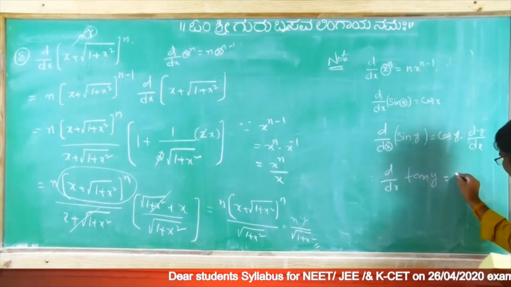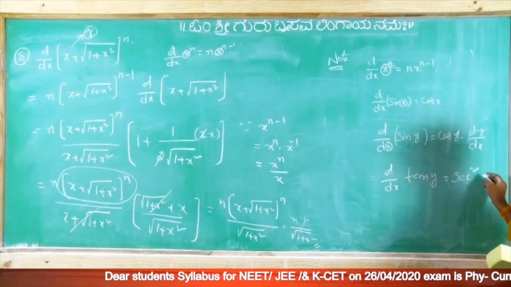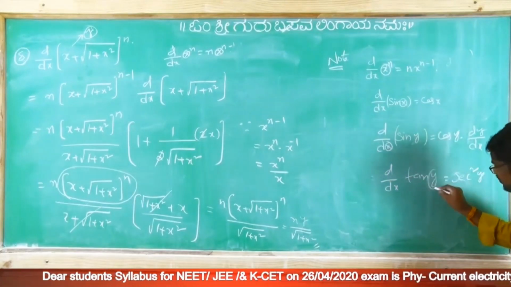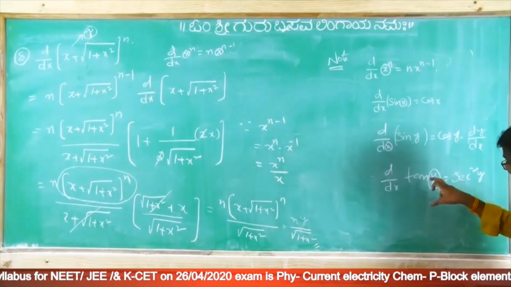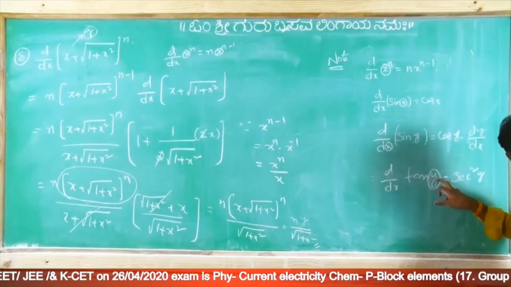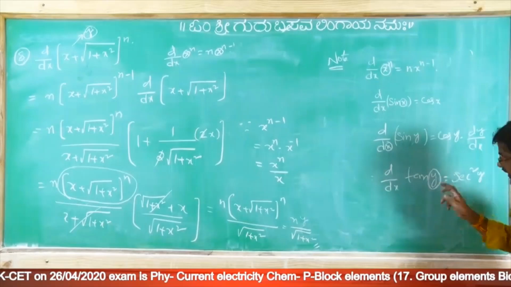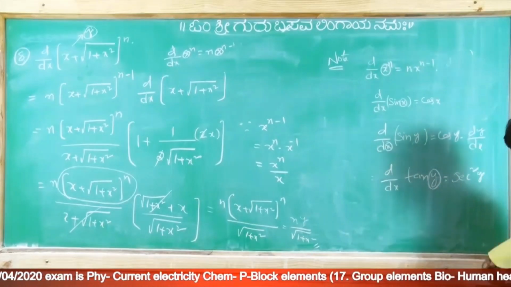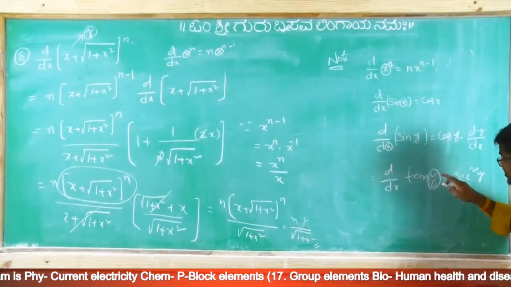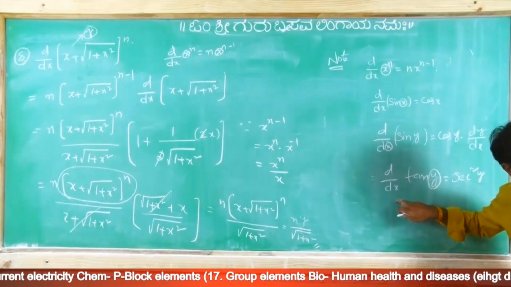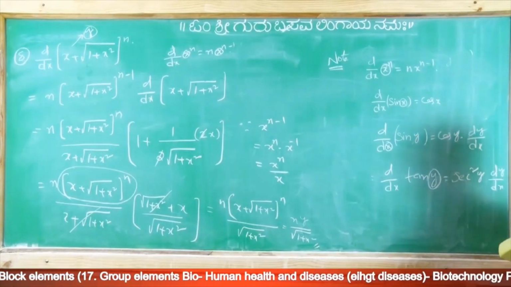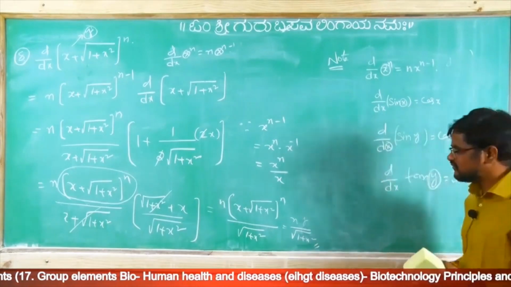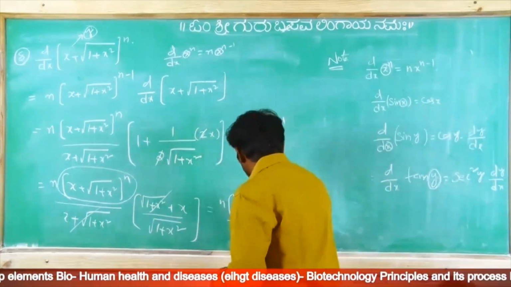Secant square. Just write down secant square y. Again we have to do the differentiation of y with respect to what? x. Here y is there, here x is there. Suppose here x is there, so you will get 1 only. But here it is not x, this is y. So the differentiation of y with respect to x is what? dy by dx. Like this you will get. Okay? So still we will do problems based on this one.